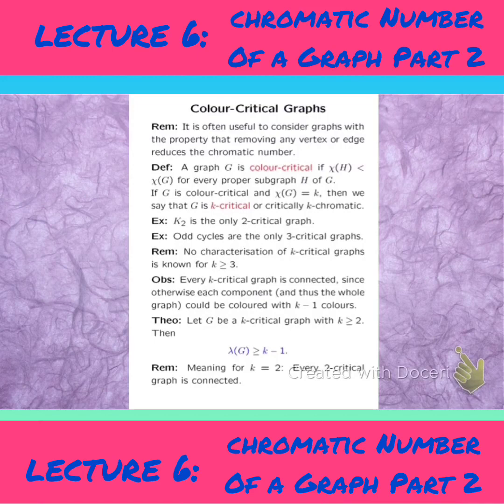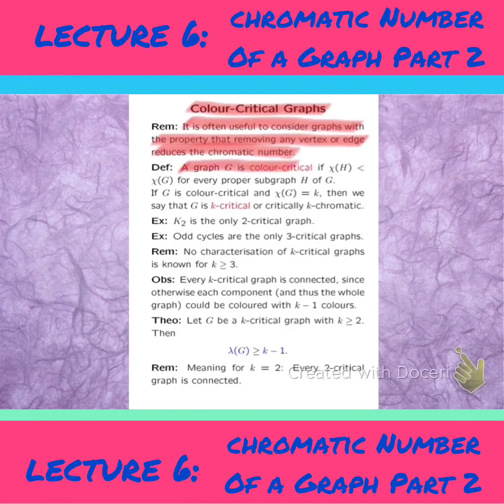Next up we've got the concept of color criticality. Color criticality is important because it's going to enable us to prove some upper bounds for the chromatic number. It is often useful to consider graphs with a property that removing any vertex or edge reduces the chromatic number, and that's what color criticality is all about.